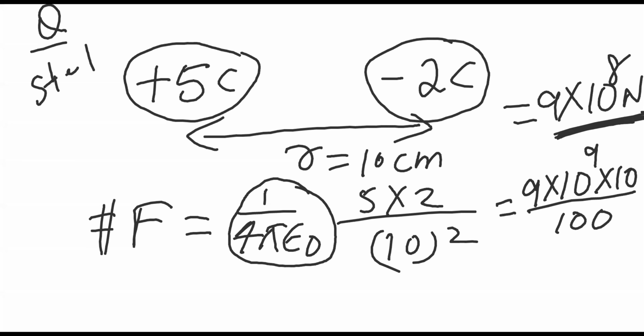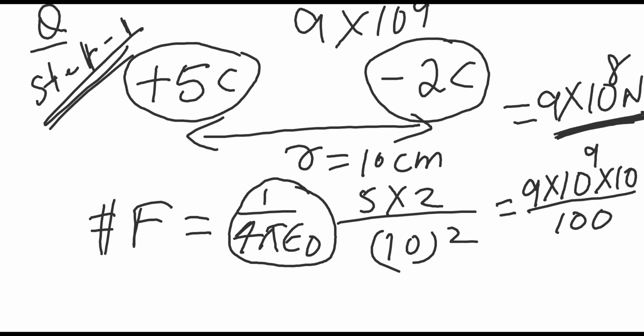It is one question actually, but I'm splitting. So I got the force as 9 into 10 to the power 8. 1 by 4 pi epsilon naught in SI unit is 9 into 10 to the power 9. What is that SI unit? Newton meter square per coulomb square.